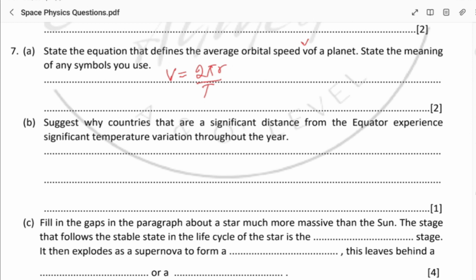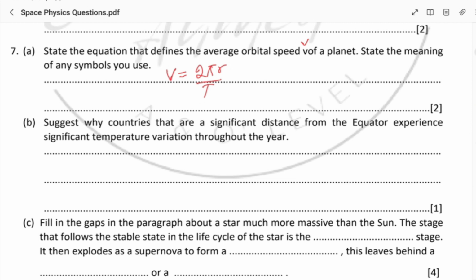Part B is, suggest why countries that are a significant distance from the equator experience significant temperature variation throughout the year. As we know, the rays coming from the Sun fall at different angles on different parts of the planet.